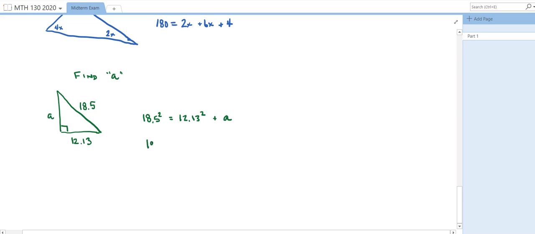So 18.5 squared minus 12.13 squared equals A squared.